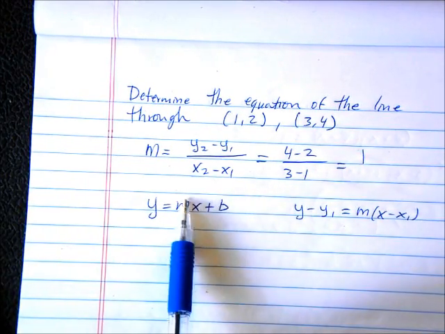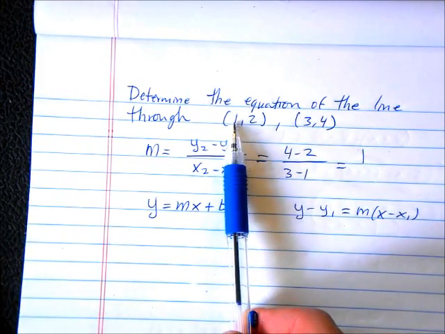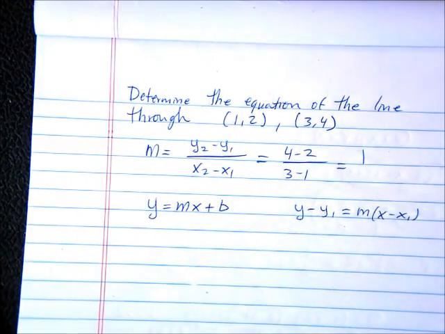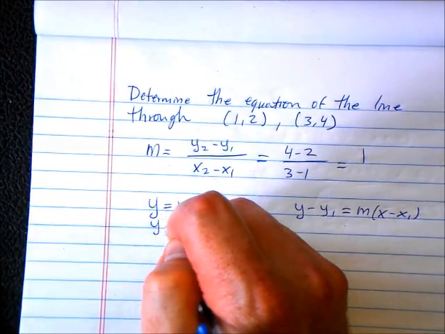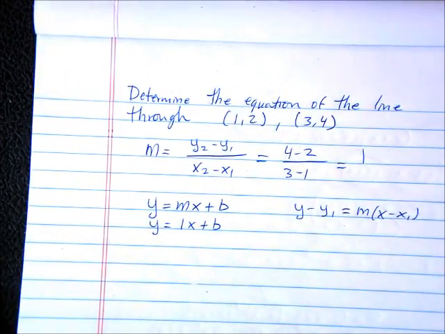All right, so let's use y equals mx plus b first. I find that's the way most students like to do this problem. Do we know the y-intercept? No. To have the y-intercept, we would need 0, comma something. We don't have that. But we can still use this formula. You write y equals 1x plus b, because the slope is 1.